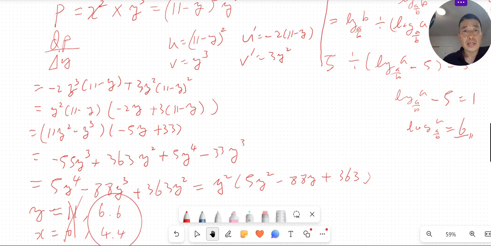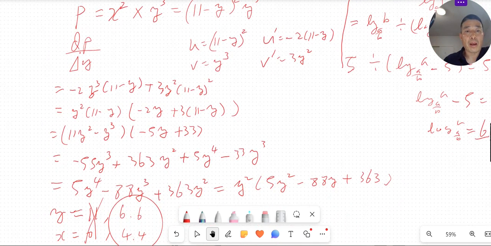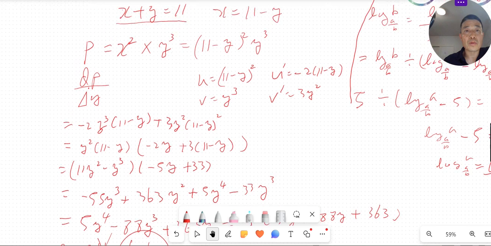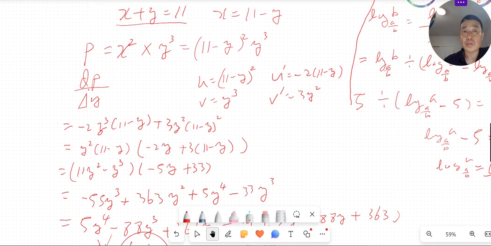If you want to check, the best way is you plug 4.4 into x and 6.6 into y, and see the number, and then try out with some other combination. Say, if you doubt, 4 and 7, so 4 squared times 7 cubed, that kind of try. It wouldn't match it.